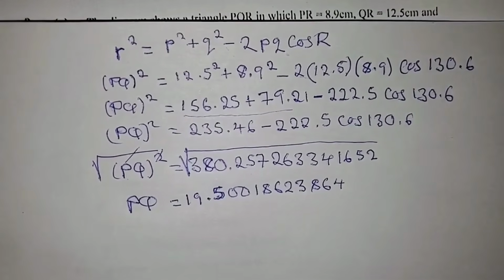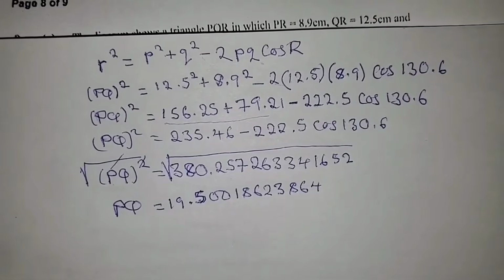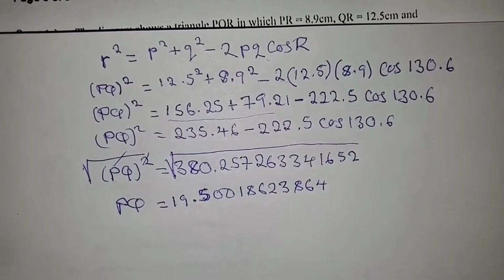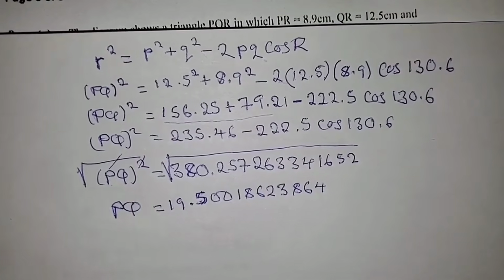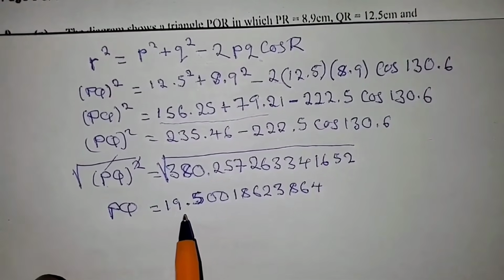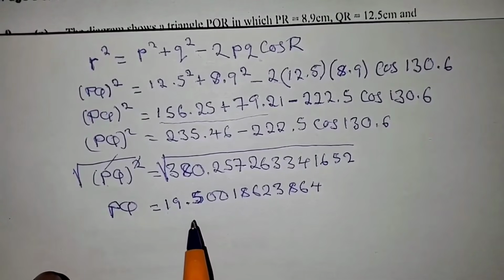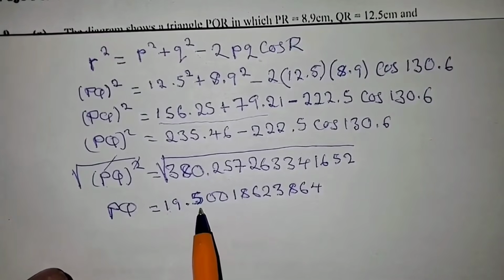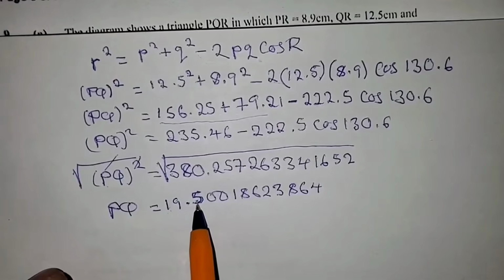That is the issue. When you reach this stage, there is an instruction on the page of the mathematics paper 2 which says that if the degree of accuracy is not specified, leave your answer correct to 3 significant figures. Here, the degree of accuracy is not specified, so we leave it to 3 significant figures: 1, 2, 3.